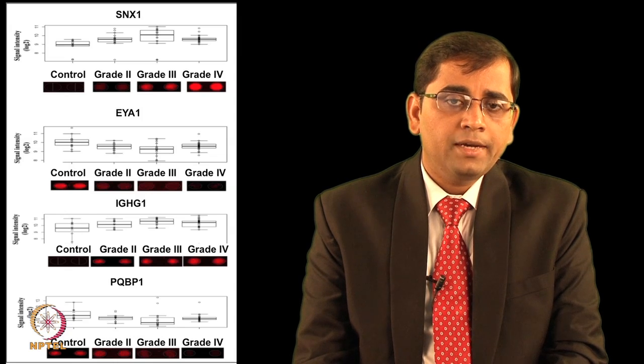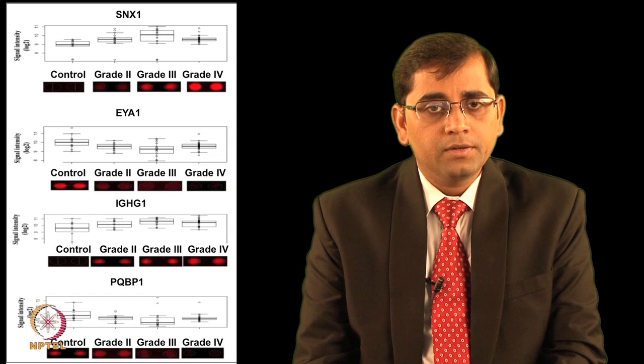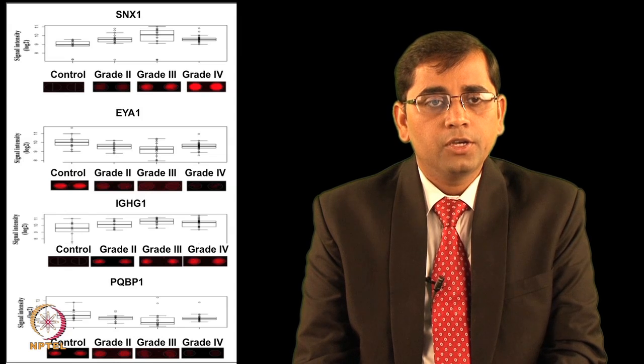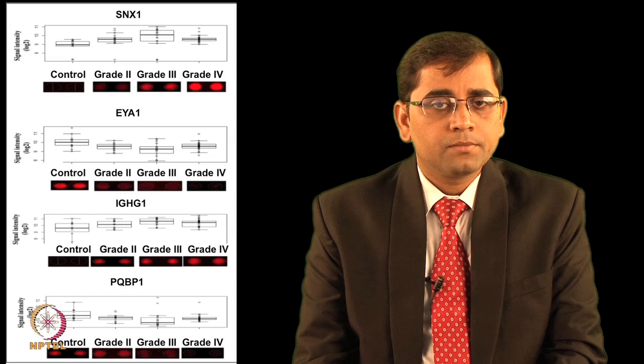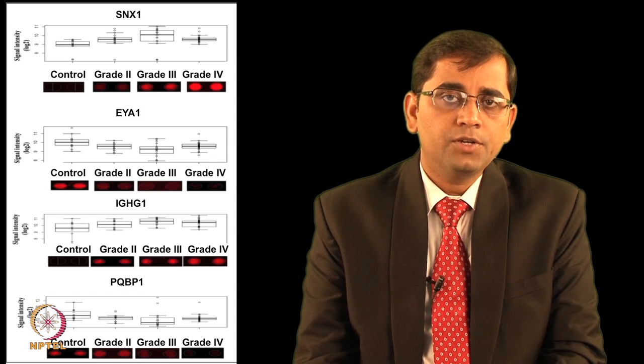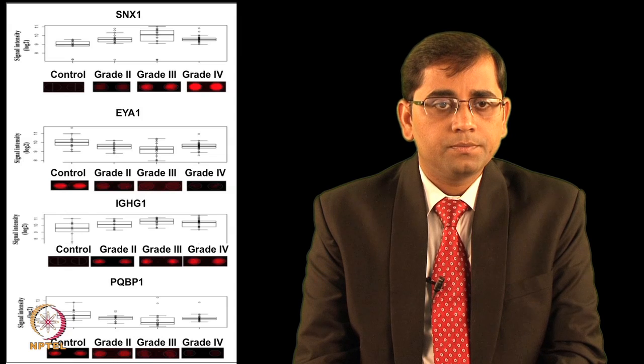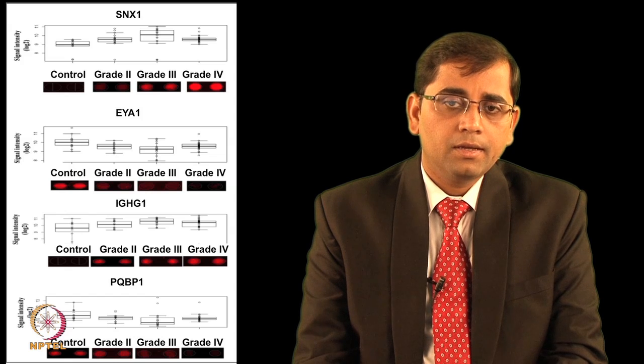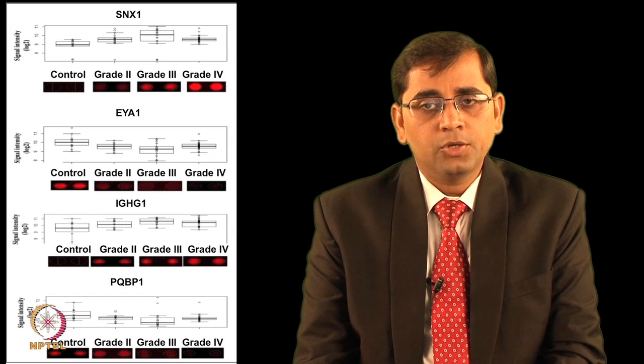The polyglutamine binding protein 1 or PQBP1 binds to BRN2 and POU3 class of neurotranscription factors, which inhibits the transcription activation of BRN2. BRN2 is known to be expressed in GBMs and associated with development of neural and glial cells.